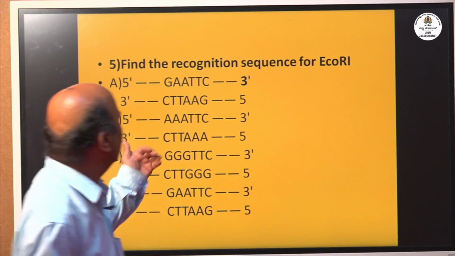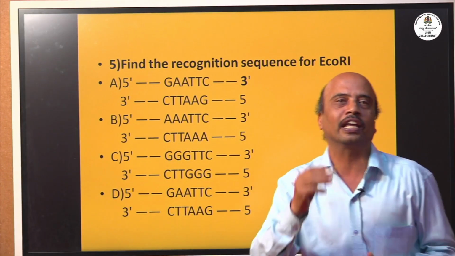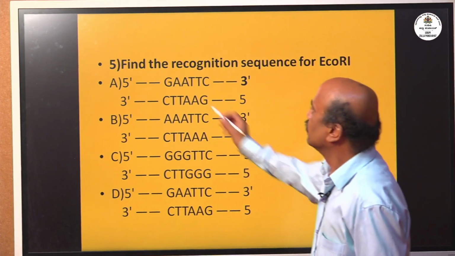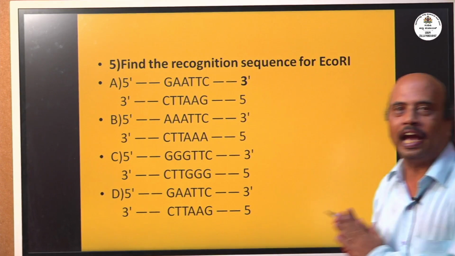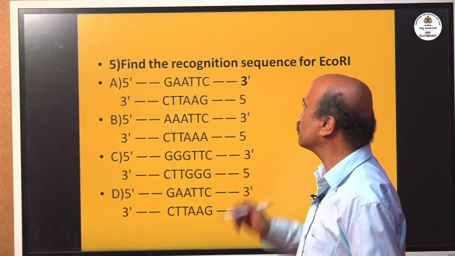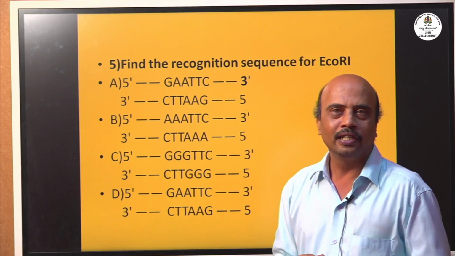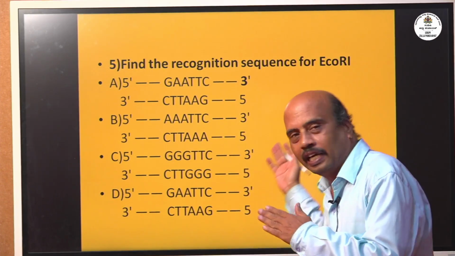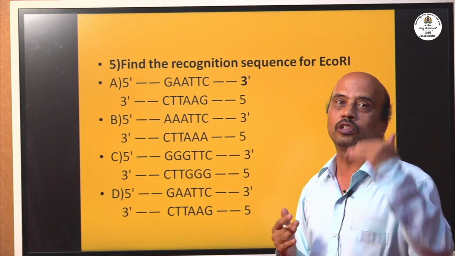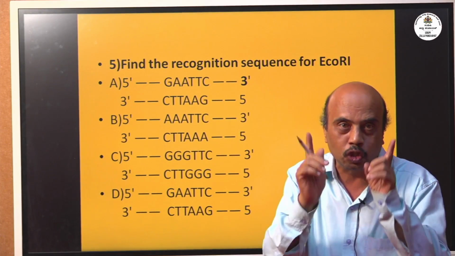See, in this question, find the recognition sequence for Escherichia coli restriction 1. See, option 1 is 5' to 3'. We have the nucleotide sequence GAATTC. Okay. If you read the nucleotide sequence from the other strand from 5' to 3' direction only, that means the orientation of the reading should be kept the same.